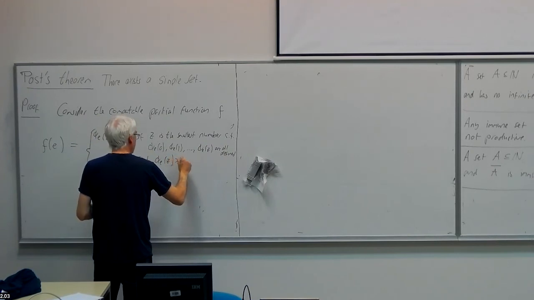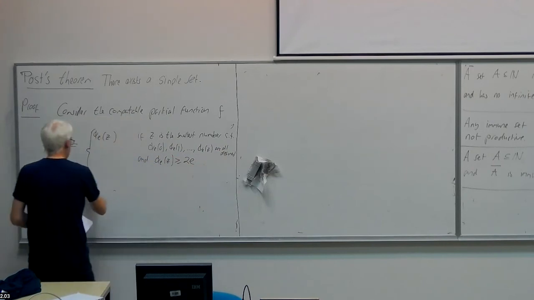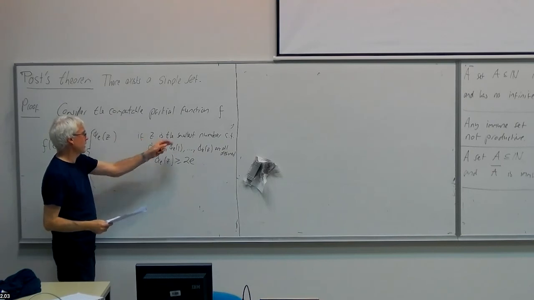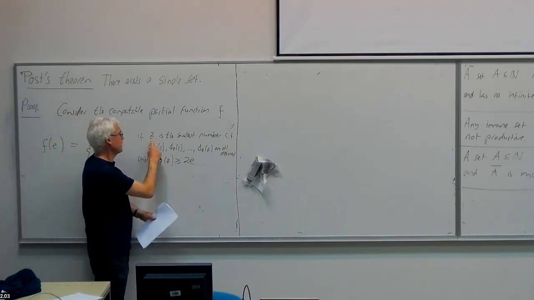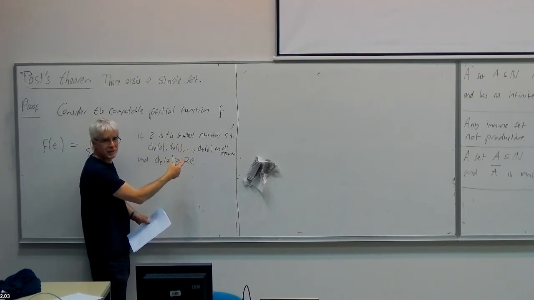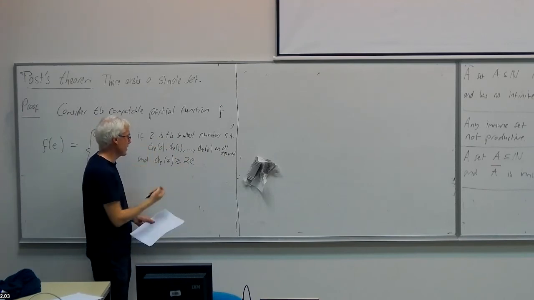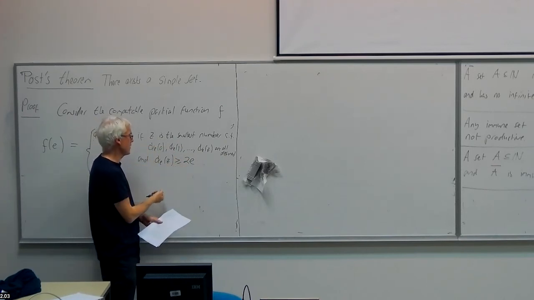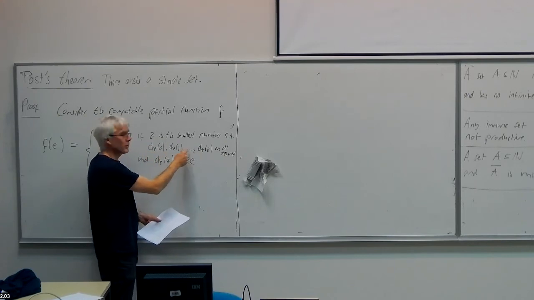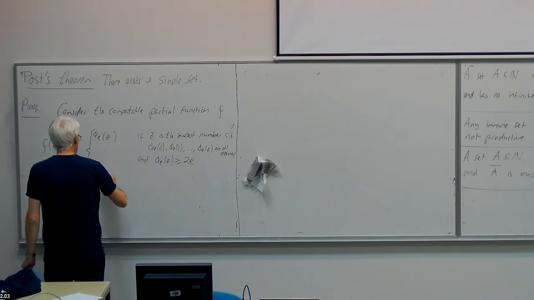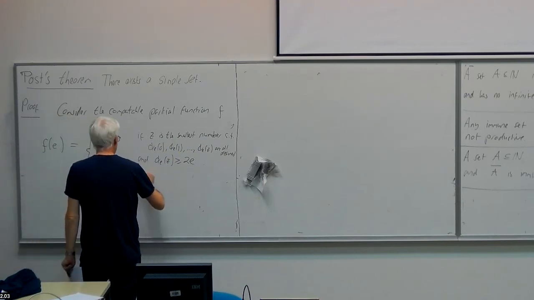It's got to be greater than or equal to 2 times e. Bit of a weird condition. But the thing is, such a z can be found using minimization, because we convert the greater than or equal to 2e into a search for a zero of a related function. And because all these values are required to be defined, we can do that search using minimization. And it's undefined if no such z exists.